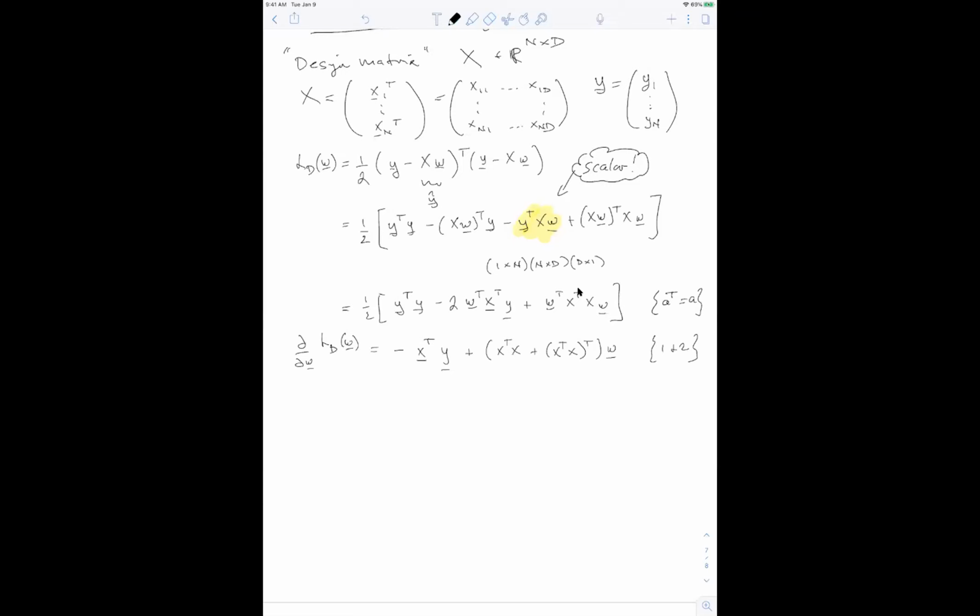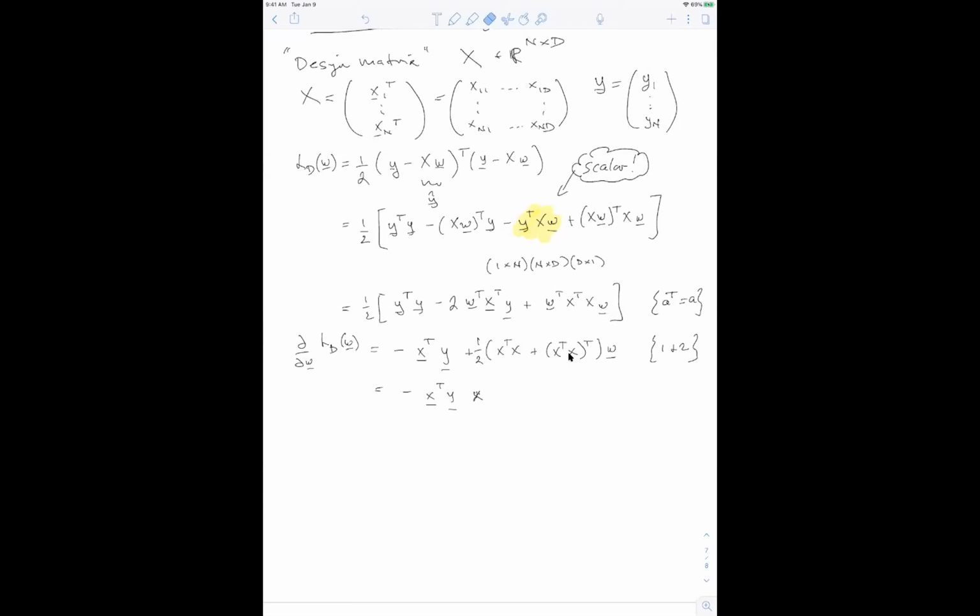And now what I can do is set this to 0 and solve. First of all, recognizing that this is the same as this, if you use your transpose rule. And I lost a half here.